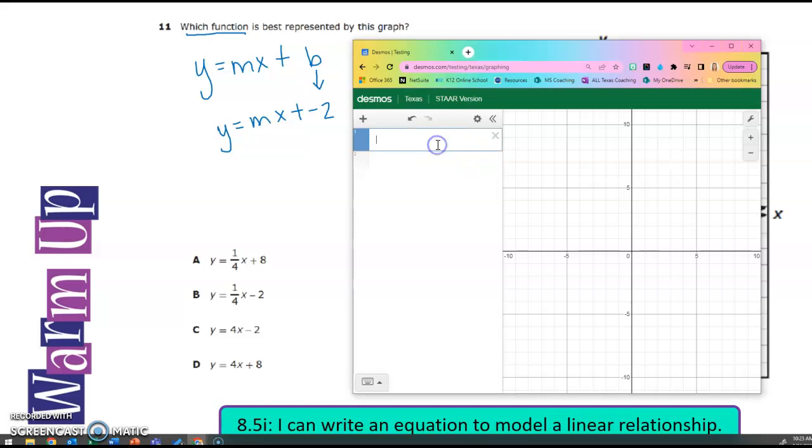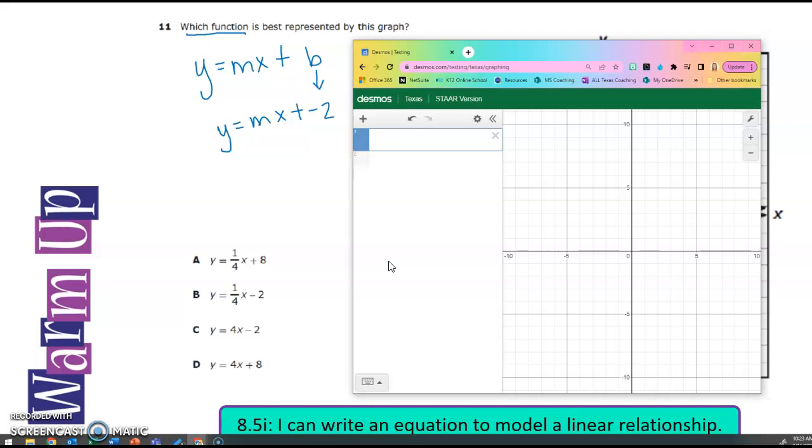On the STAR test, you get the opportunity to use a graphing calculator that looks like your TI-84, or you get the option to use this Desmos STAAR edition calculator. You can plug these directly into this and see if the graph matches. So you can work through it like we just did, or you can plug in each one of the A, B, C, D.